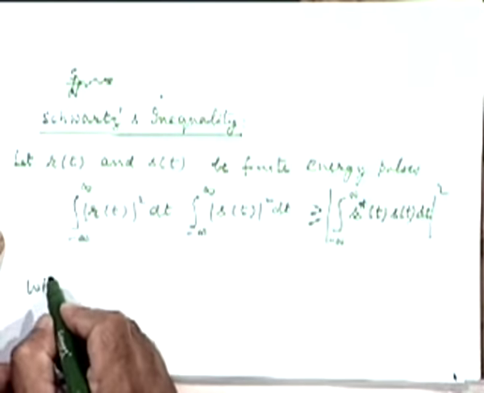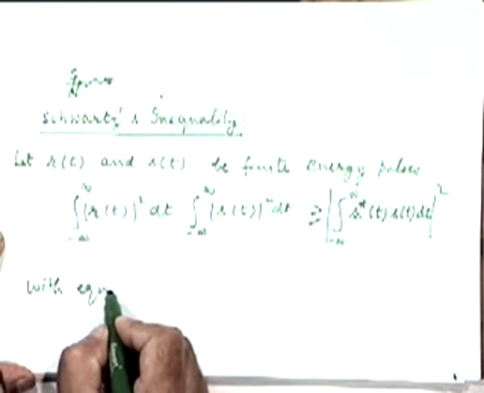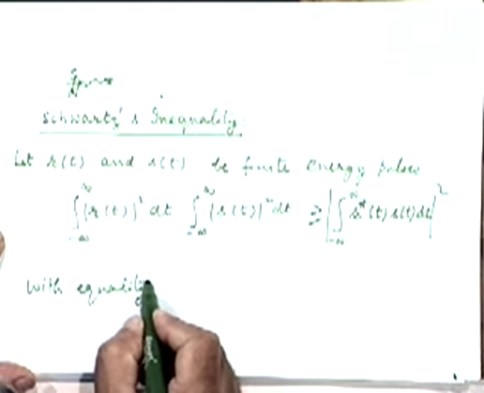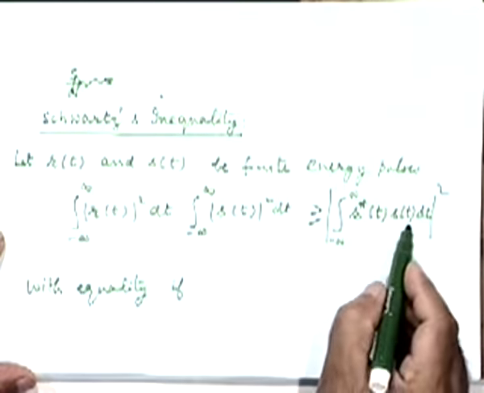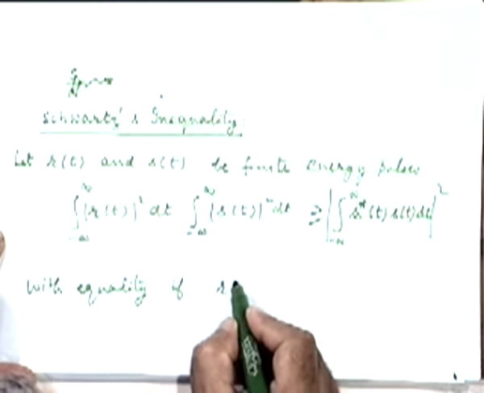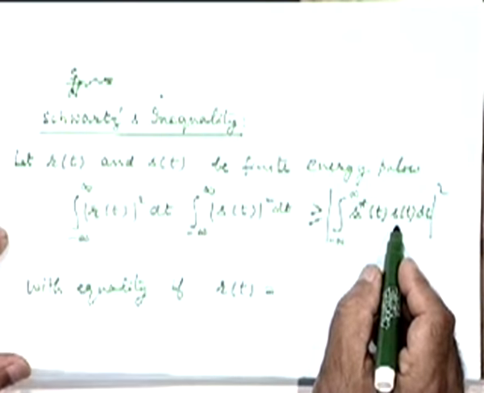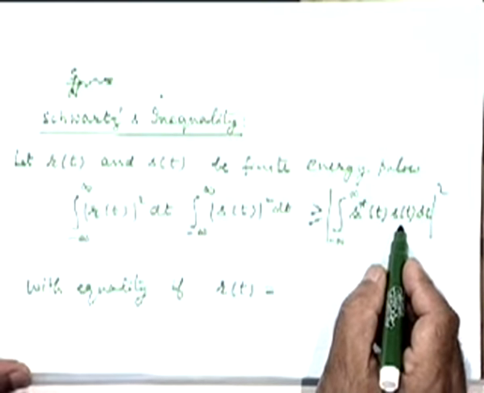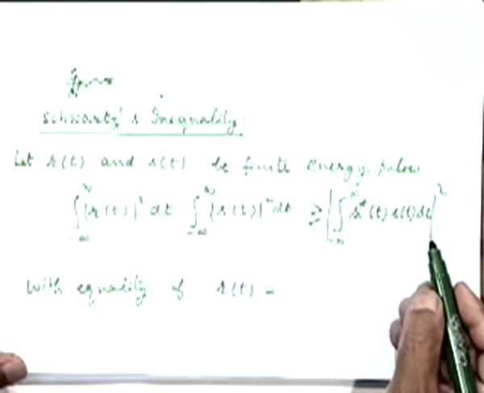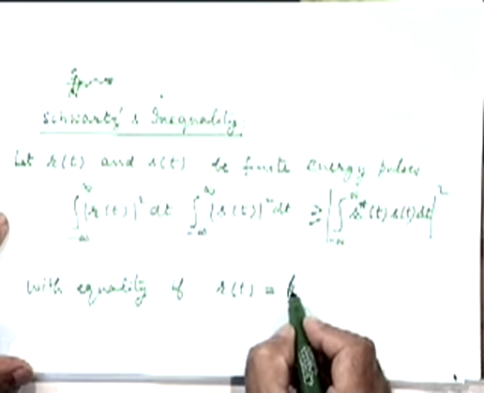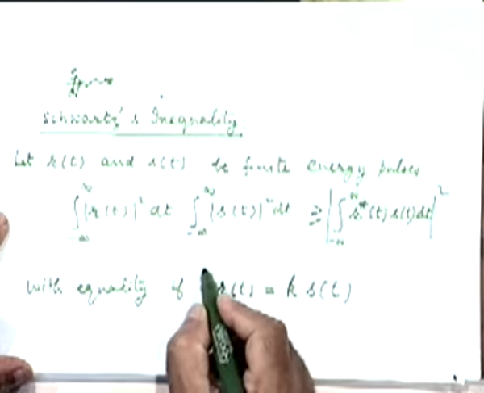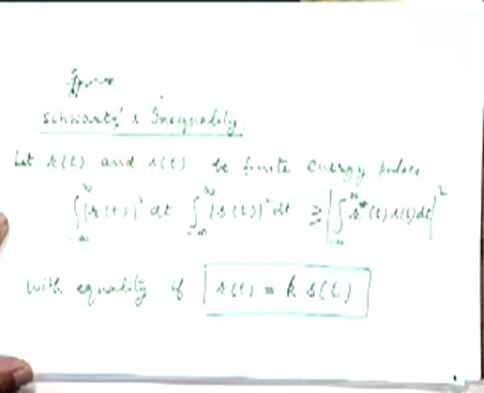With equality, do you remember when are the two sides equal? If and only if RT is a constant times ST. A scaling factor doesn't matter, right?